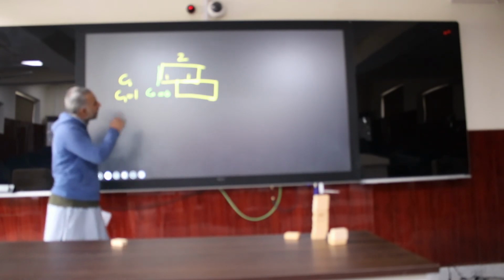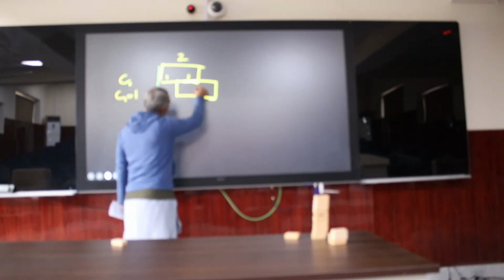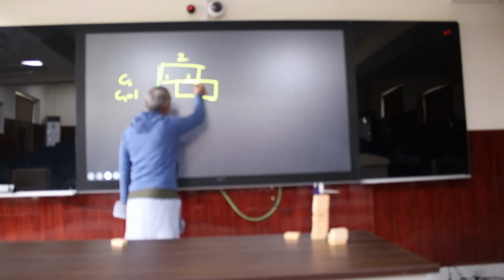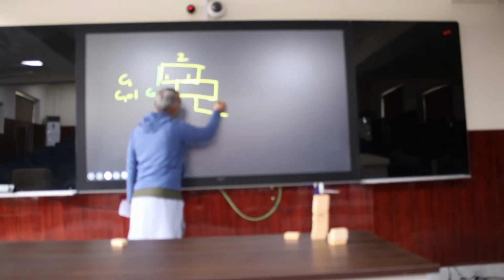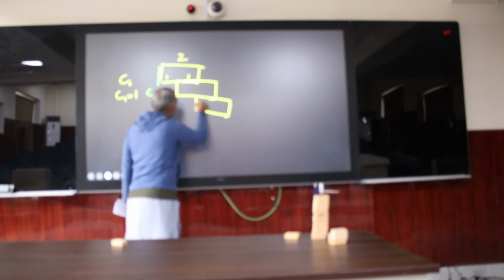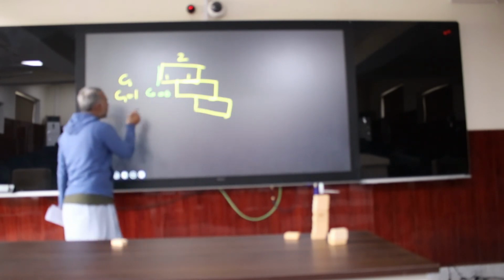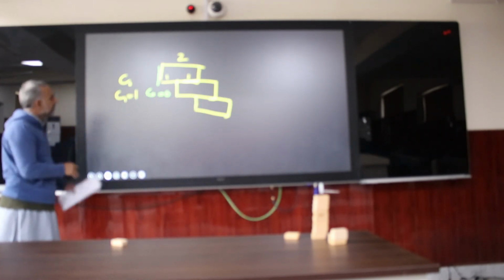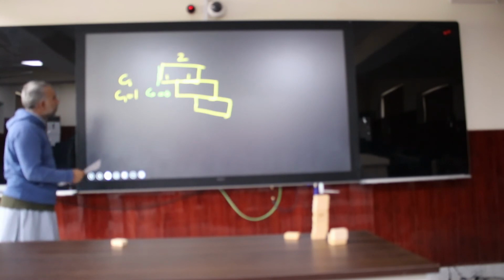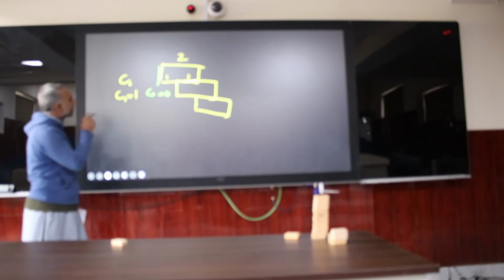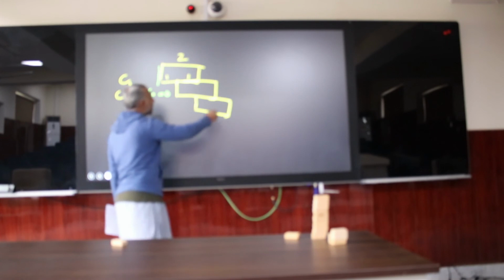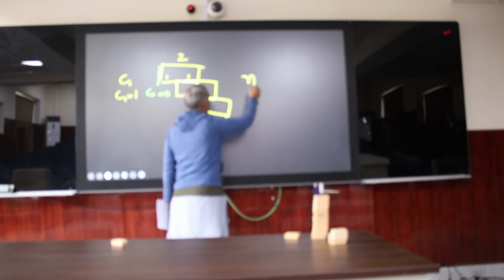Now you need to divide this one. At this position, you need to consider too many blocks, or suppose there are n blocks.